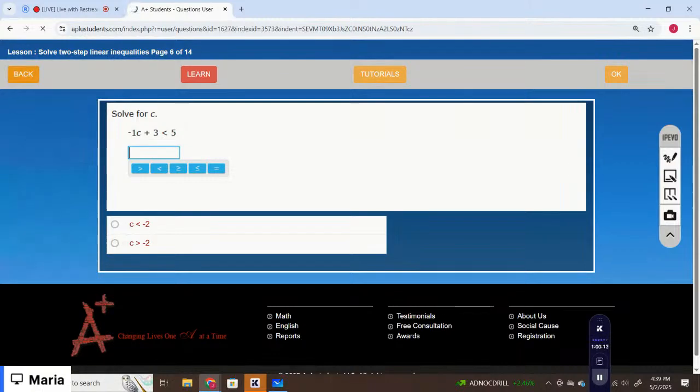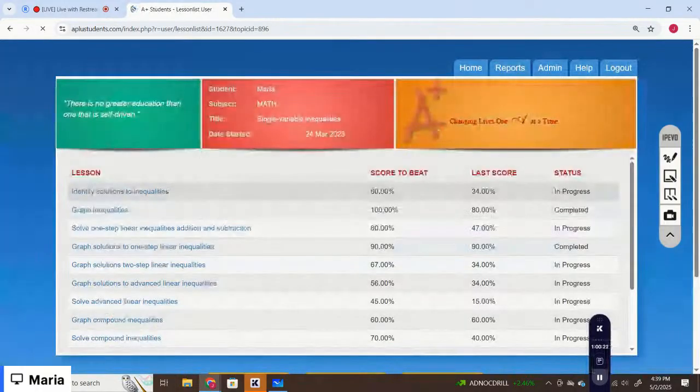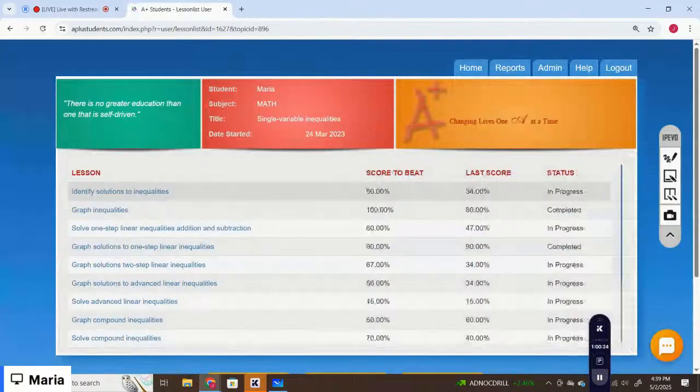So we were working on grade 9 math. The chapter we were working on is single variable inequalities.